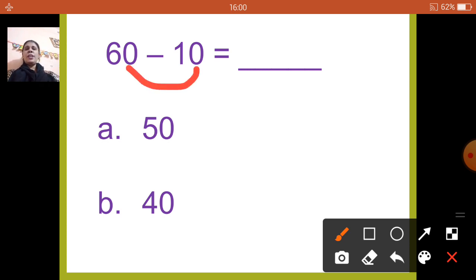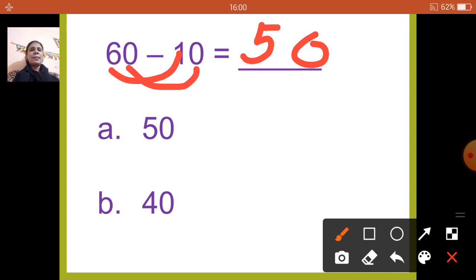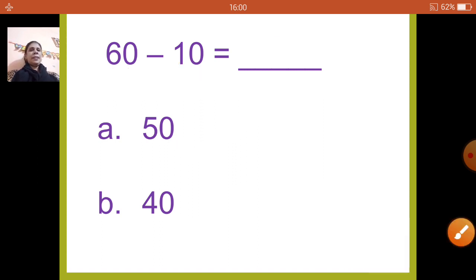So 0 minus 0 will be how much? 0. Okay. And then 6 minus 1 will be how much? 5. So 60 minus 10, what is our answer? 50. So which option are you going to take? Option A, that is 50. 60 minus 10 is 50. Next.